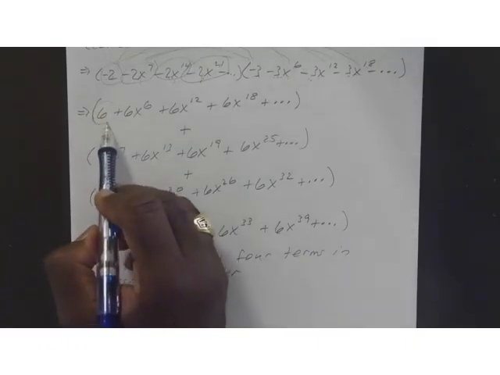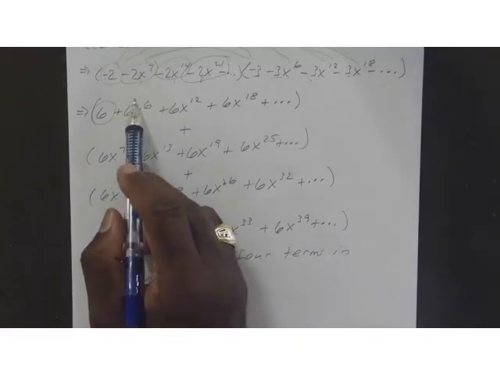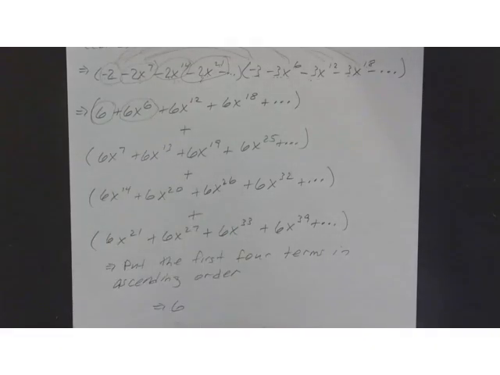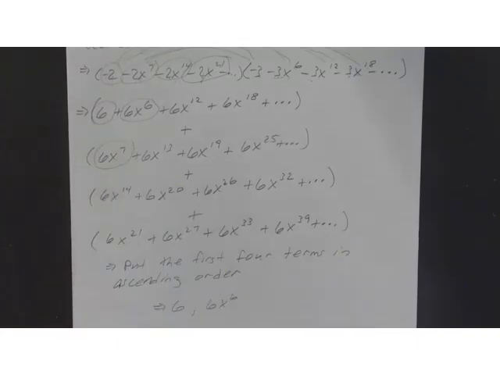Well, the first term would be 6. The next smallest exponent would be 6x to the 6th power. The next smallest exponent is 6x to the 7th power.